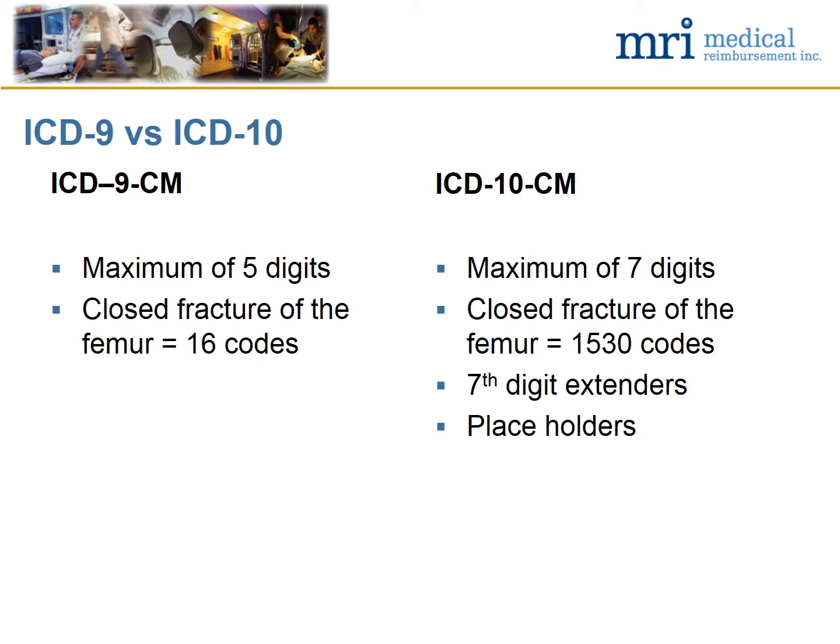Some of the changes that are very noticeable from ICD-9 to ICD-10: in ICD-9, we have a maximum of 5 digits; in ICD-10, we have a maximum of 7 digits. And just to give you an example of how fracture codes change, in ICD-9, for a closed fracture of the femur, we have 16 codes to choose from.